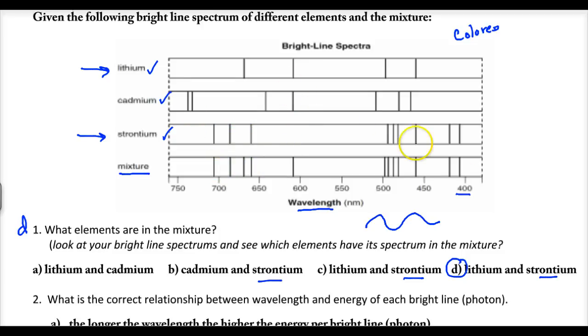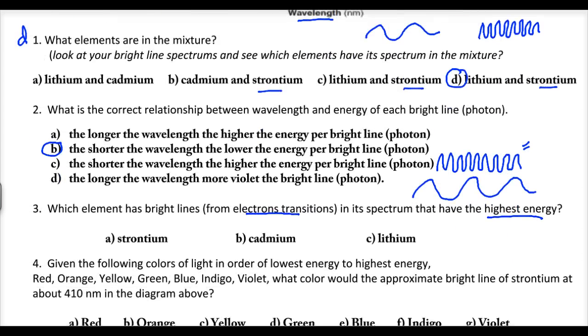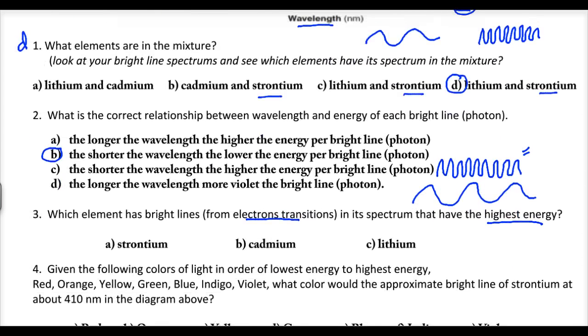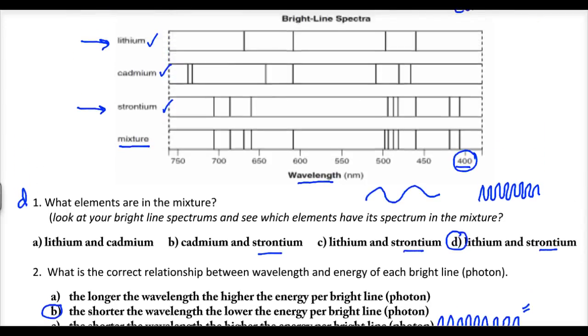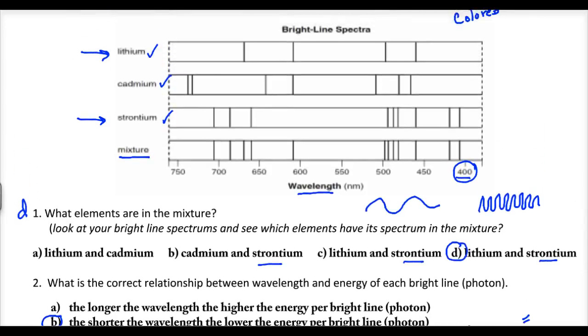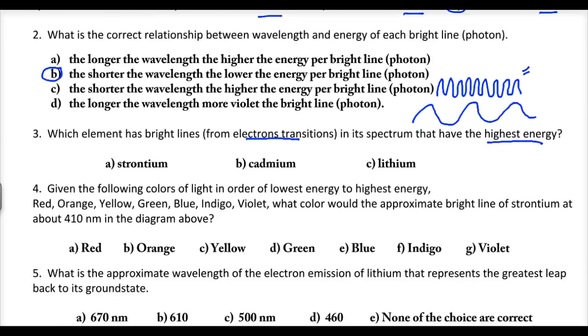I can see that the shorter wavelengths would have the higher energy. So the question is, which element has bright lines that have the highest energy? Well, it would have to be strontium. None of the other two have lines in this shortest region. So strontium has the highest energy.